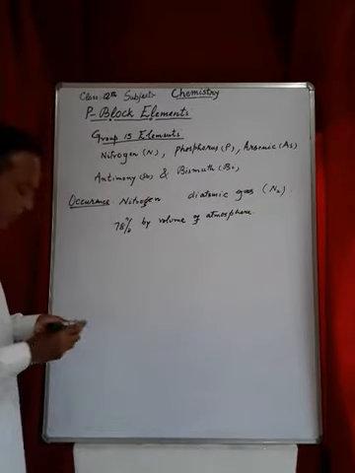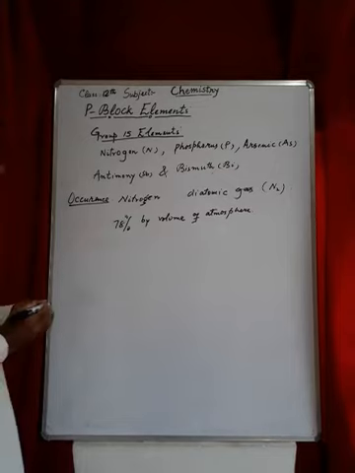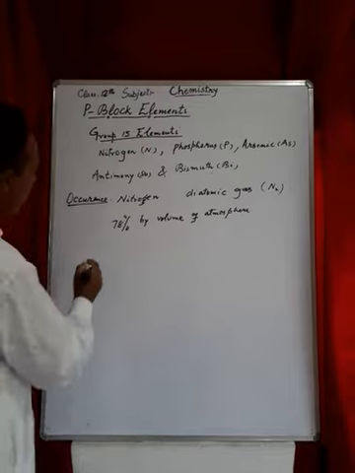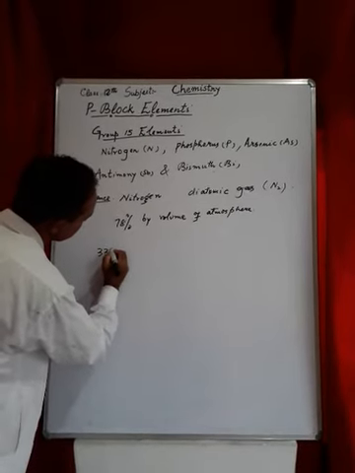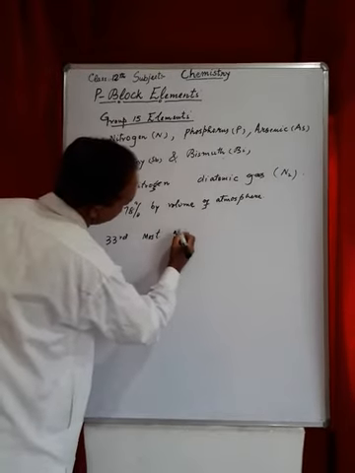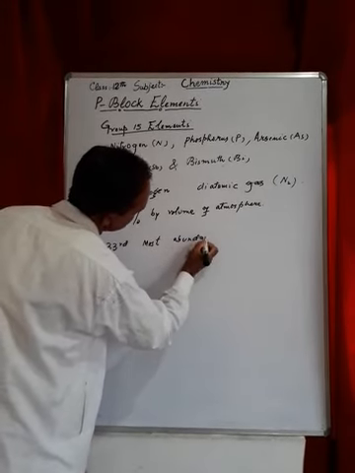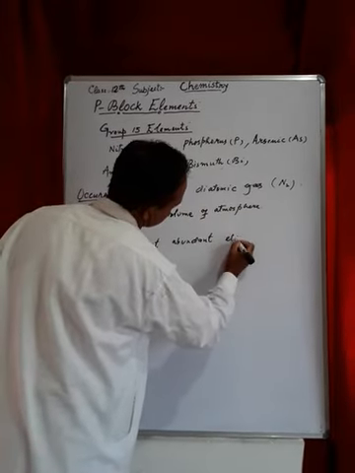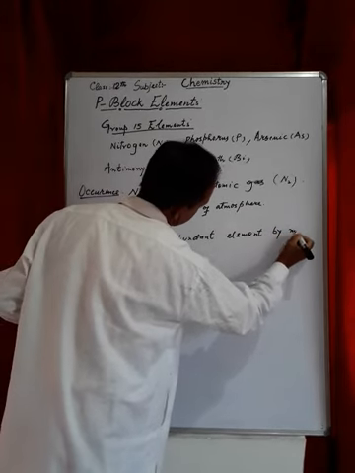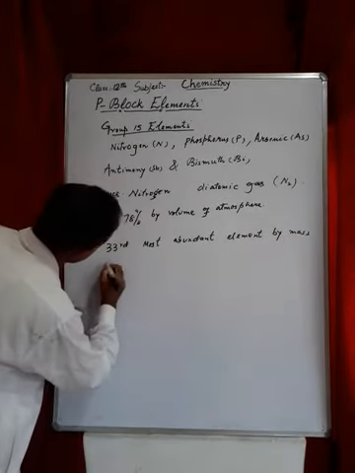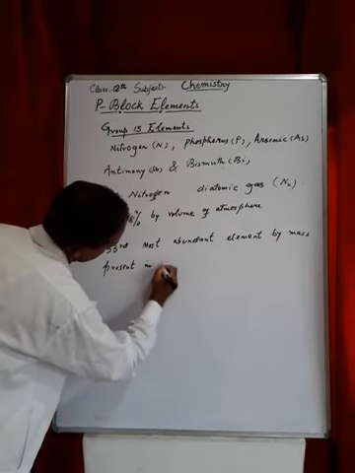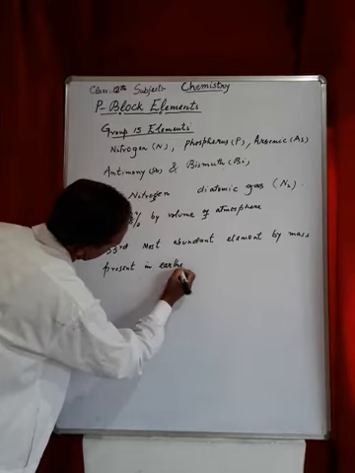And in spite of this, it is not abundantly found in the Earth's crust, and it is only the 33rd most abundant element by mass present in Earth's crust.